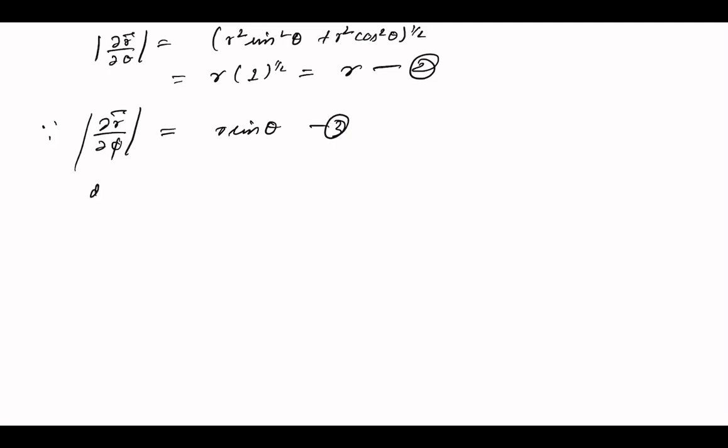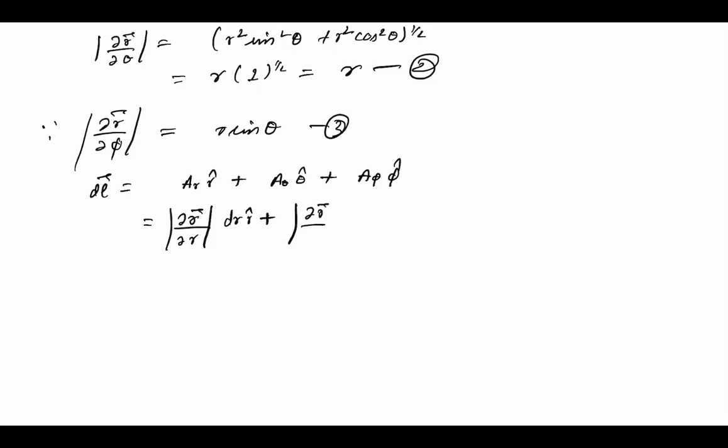Therefore, the line element in the spherical polar coordinate system can be written as a_r dr r cap plus a_theta dtheta theta cap plus a_phi dphi phi cap, which we have already calculated.